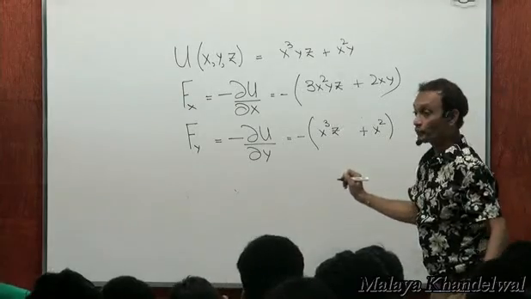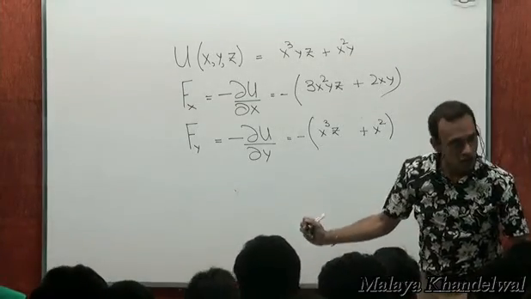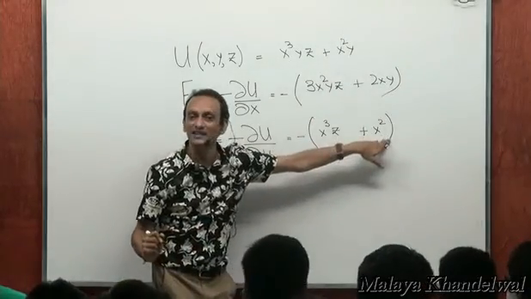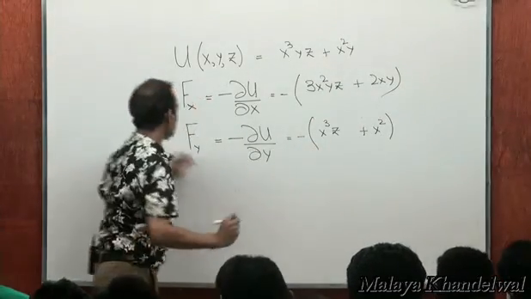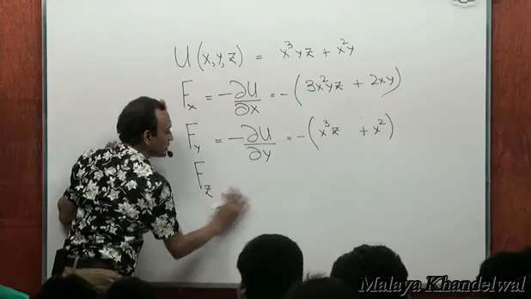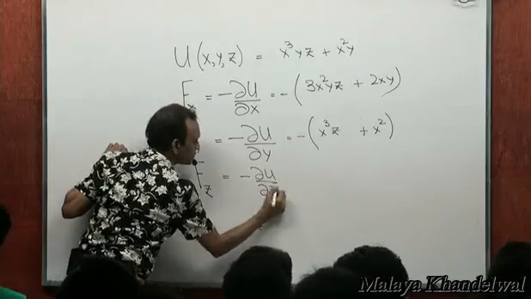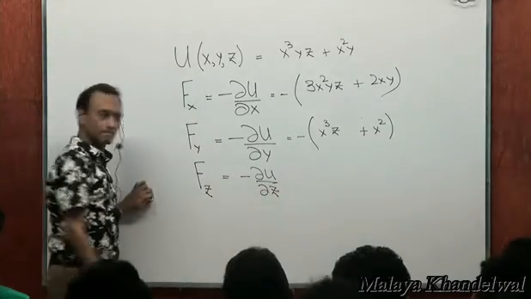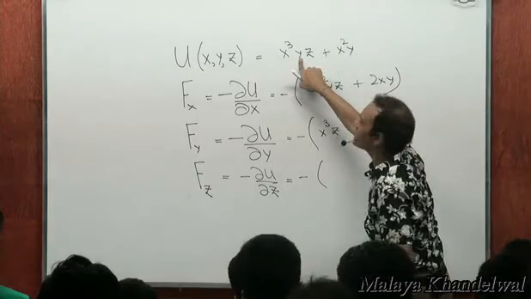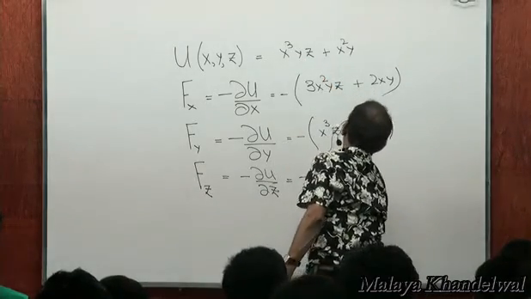This gives the y component of the force at any x, y, z. Clear? The z component of the force is minus ∂u/∂z, differentiating with respect to z keeping x and y constant. So that's going to be minus x cubed y.